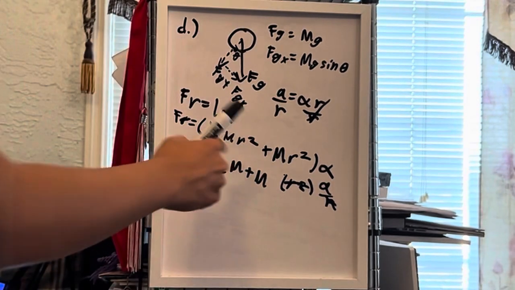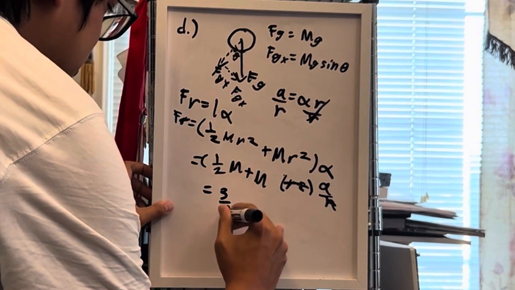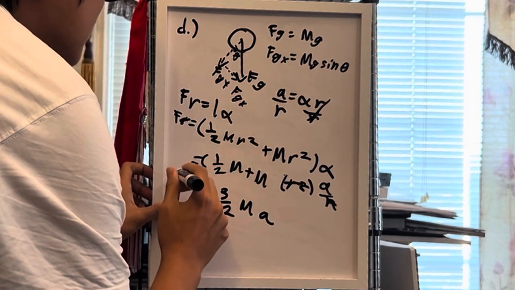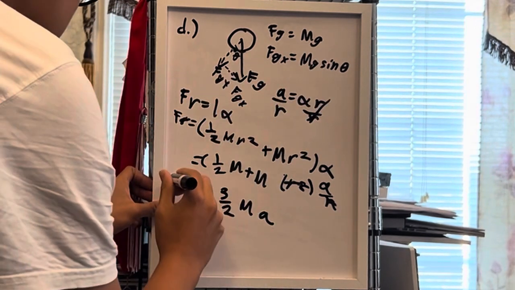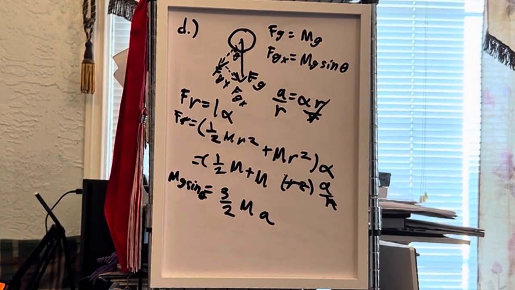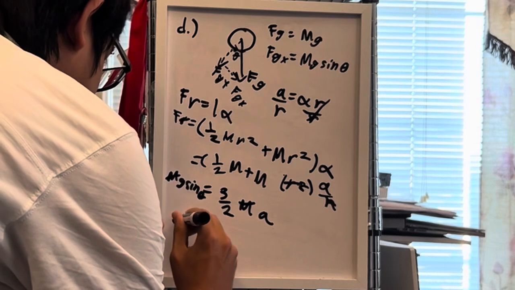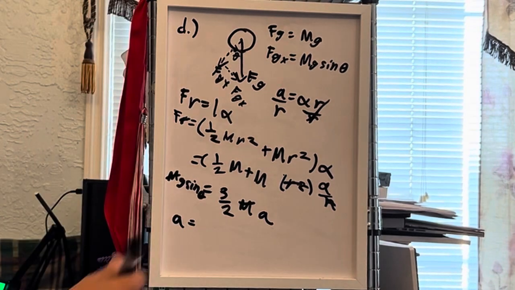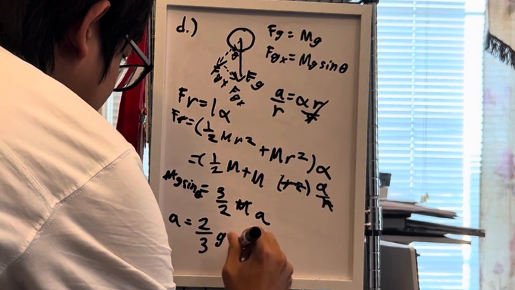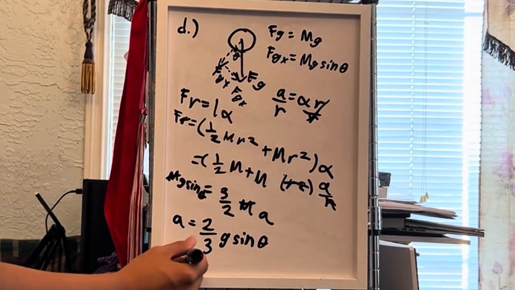So now I'm going to have equal 3 over 2M times A. And this F is going to be the FGX, mg sine theta. And then the m's cancel out. So I'm going to have the A is going to be equal to 2 over 3 g sine theta. So that's going to be the answer.